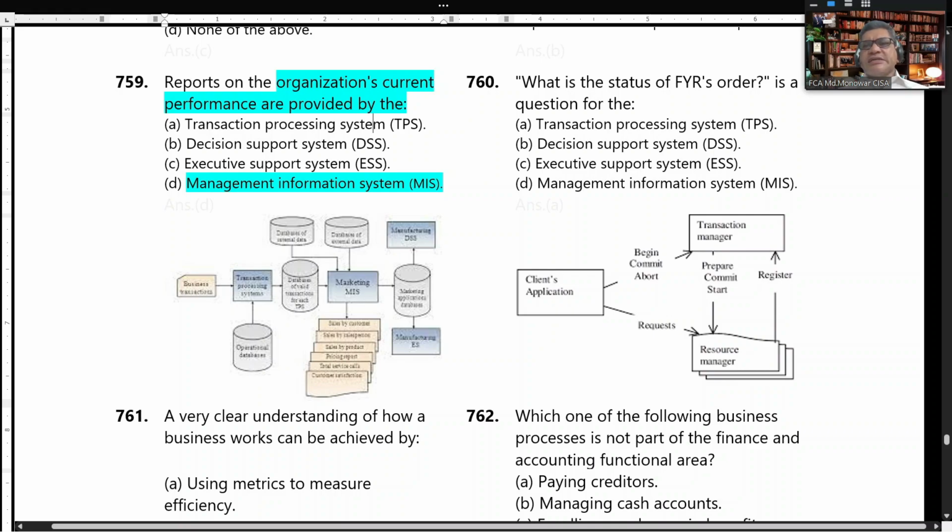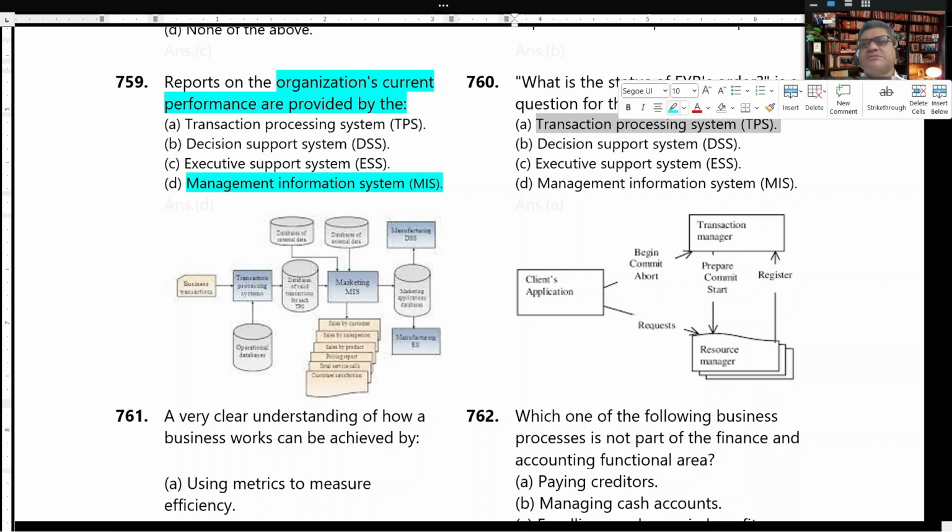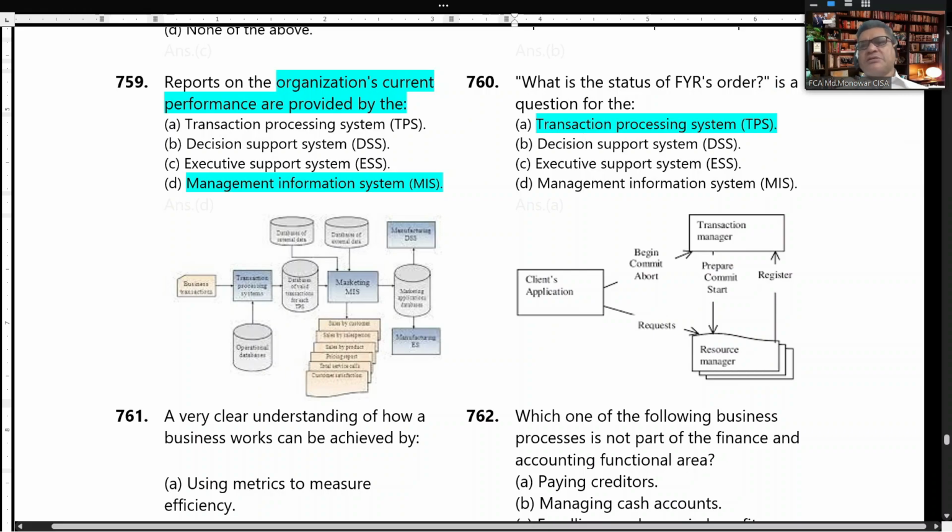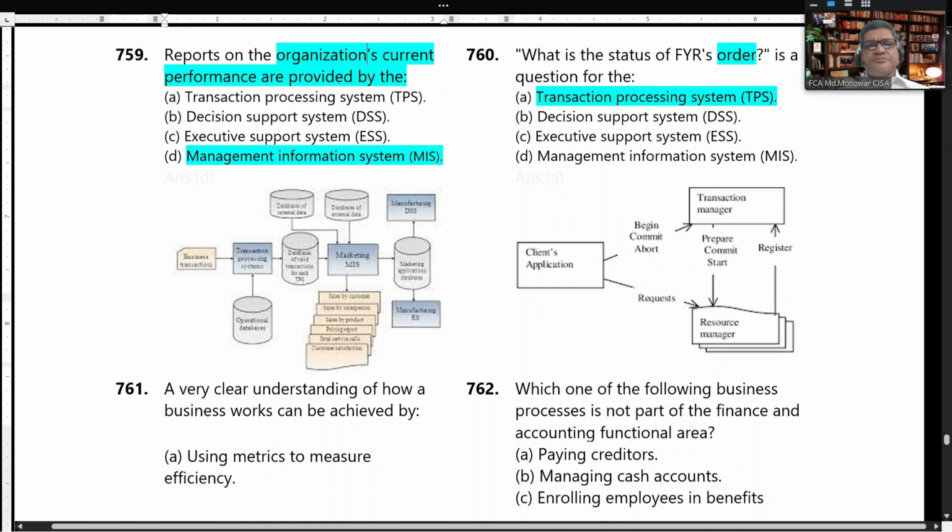What is the status of a customer's order is a question for the, that means when someone places an order, where do we know its status? It is the transaction processing system. Placing an order is a transaction, so it is known through the transaction processing system. Order links with the transaction processing system, and the performance of the organization is given by the Management Information System.